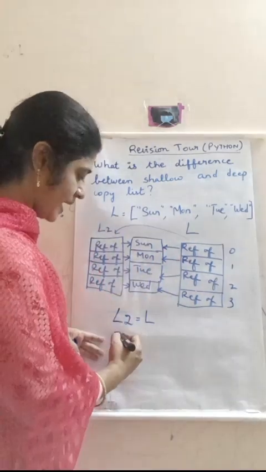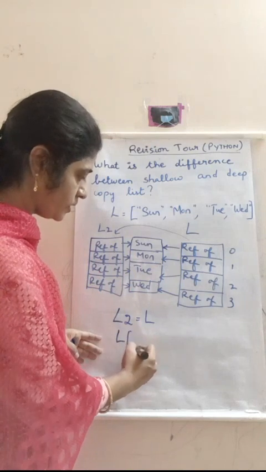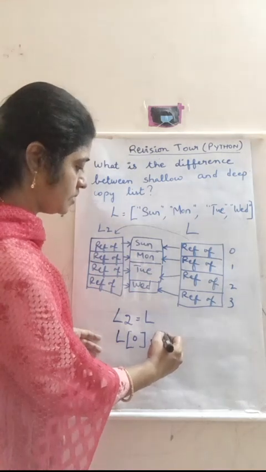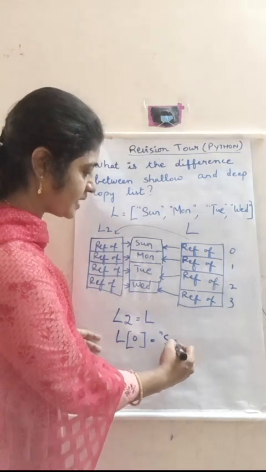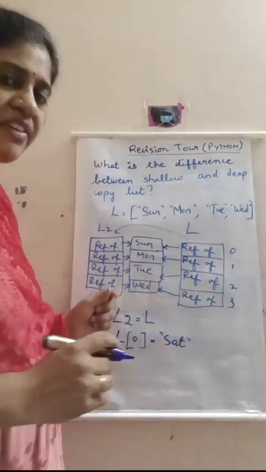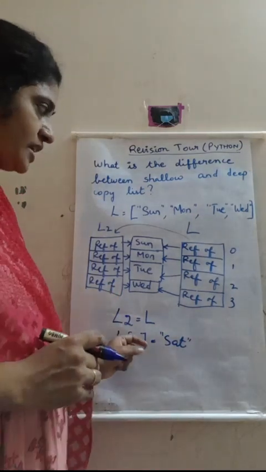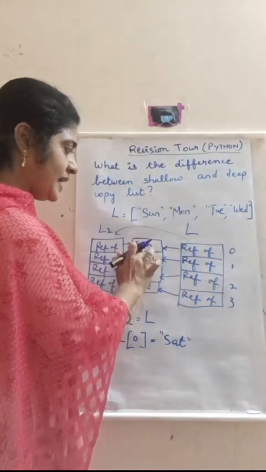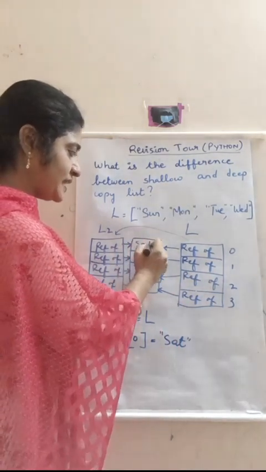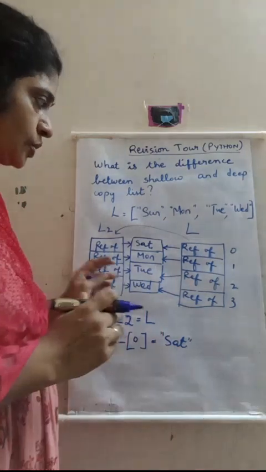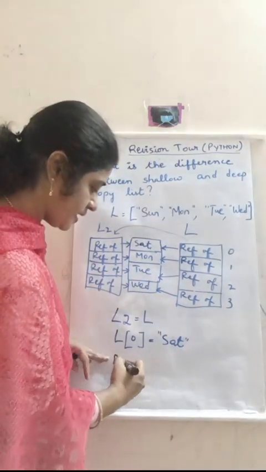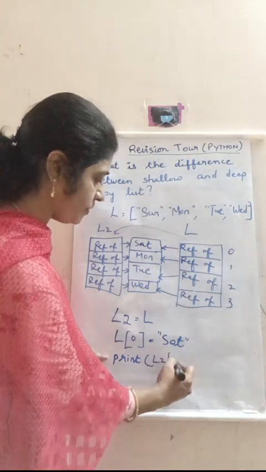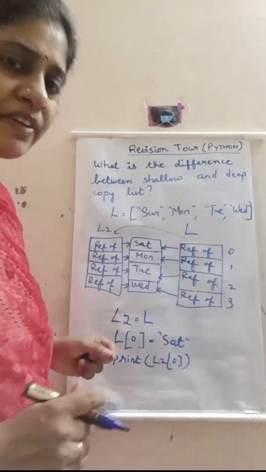Suppose I write L of 0 is equal to Saturday. Then in L of 0, Sunday will get replaced with Saturday. If I print L2 of 0, what will be the answer?